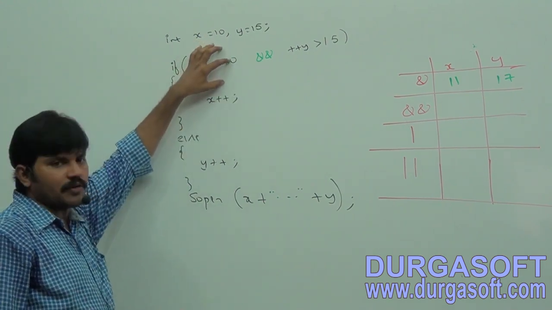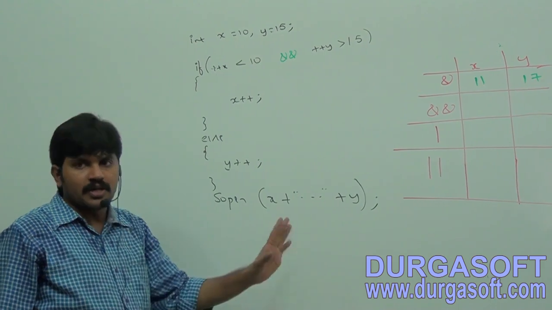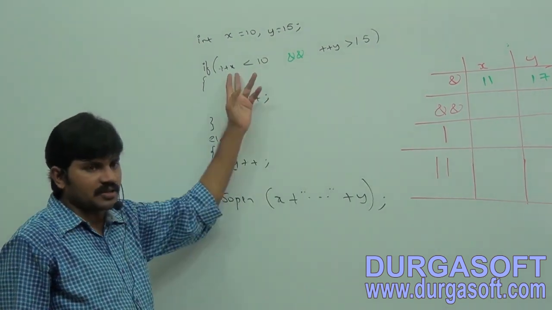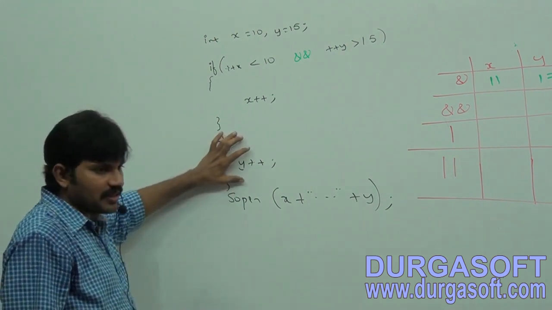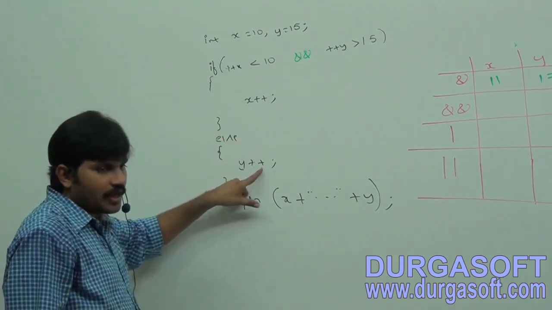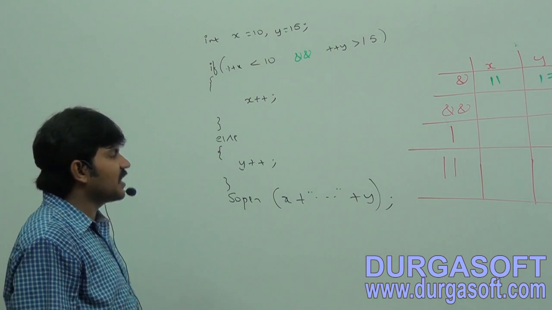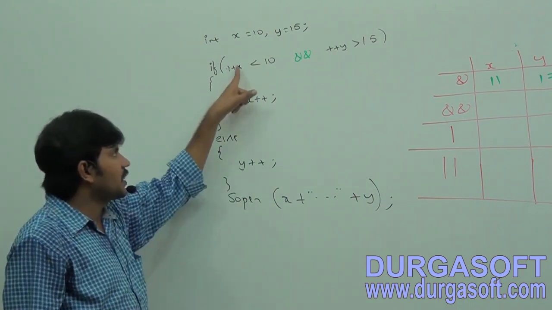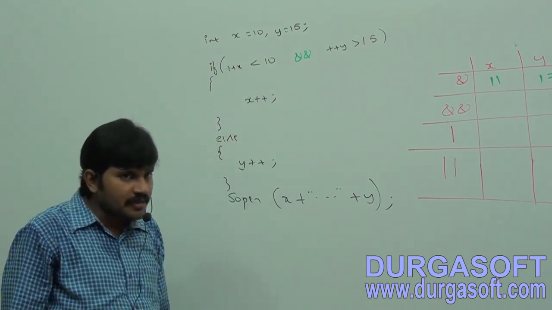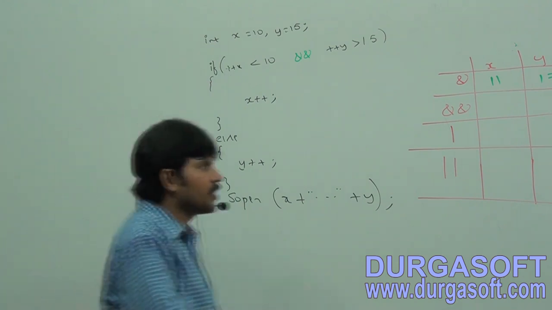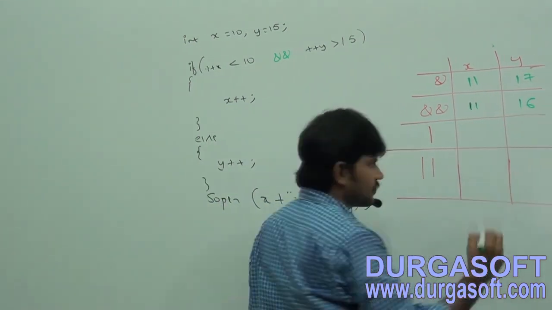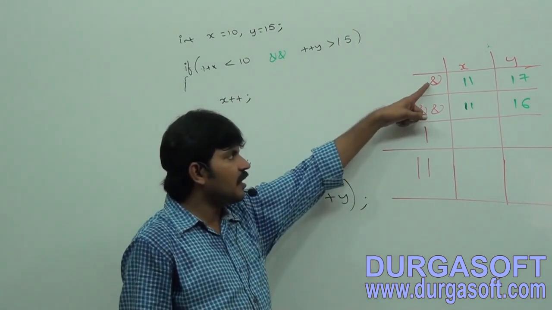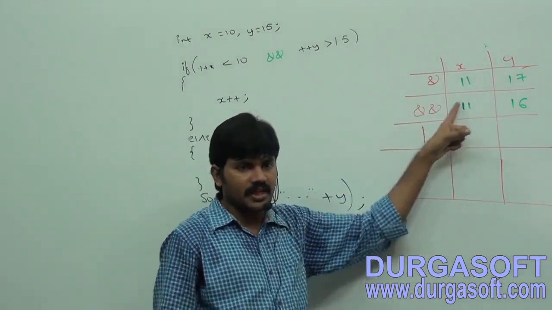If the first argument is false, the second argument won't be evaluated, because whether it is true or false, the result is always false. Directly the control comes to the else part, then y value will be incremented. So x is incremented one time and y is incremented one time. The answer is x is 11, y is 16. Have you observed the difference in value between single and and double and?